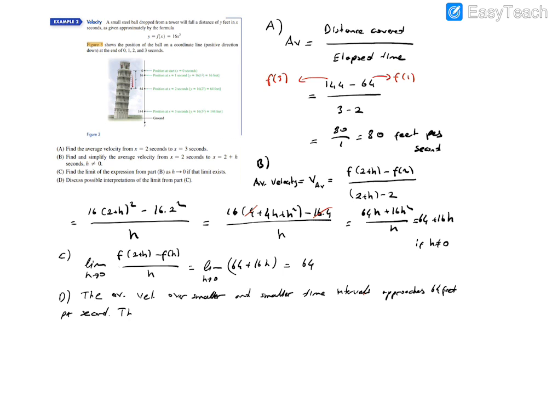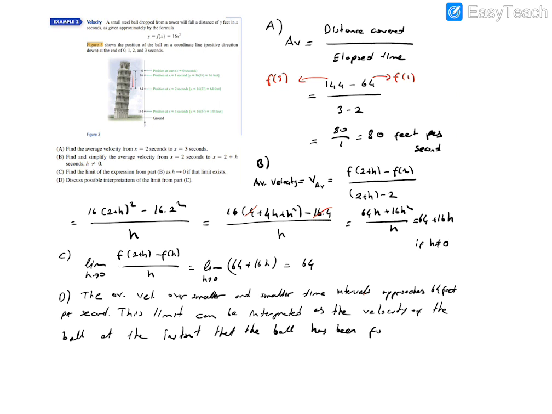So this limit can be interpreted as the velocity of the ball at the instant that the ball has been falling for exactly 2 seconds.